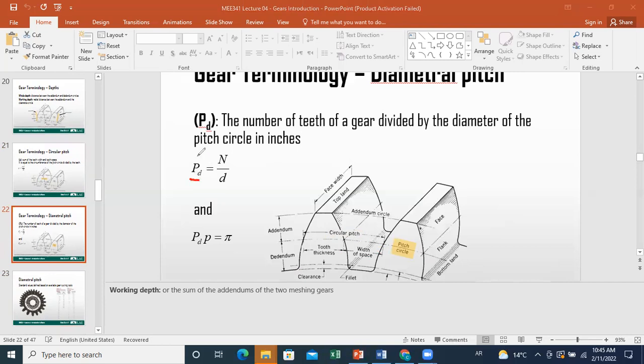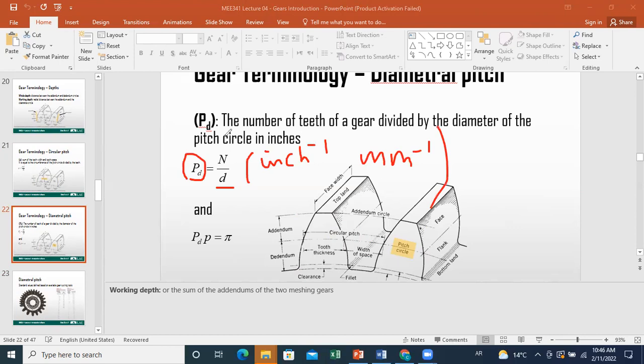In general, we use d in inches. In case you use millimeters, it's not a problem, but you should specify. In tables, it's given in inch^-1, or if you use SI units, in millimeter^-1. So in the table, it should be clear which units are used.